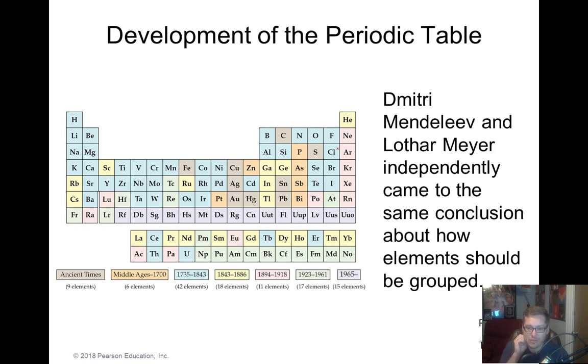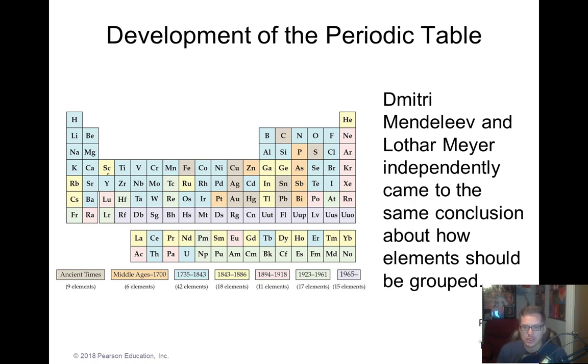Not only that, but they get credit because they organized it by atomic mass, and they also put these elements into groups based on their properties. That's what made it periodic, because the properties appeared periodically, so you could actually predict what their properties would be based on their location.